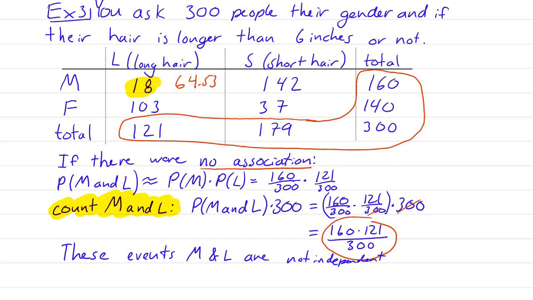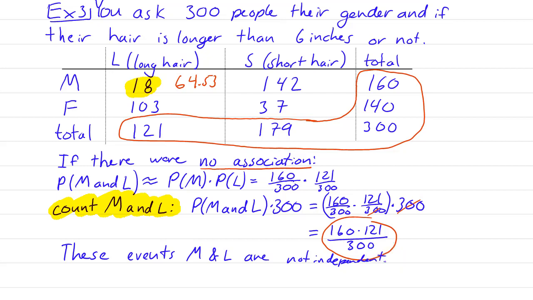And what 7.2 goes on to figure out is how to use a chi-square test to see how unlikely this would be, like how to get a p-value that represents how unlikely getting 18, which is way lower than 64, would be if they were actually independent. So anyways, these events are not independent.